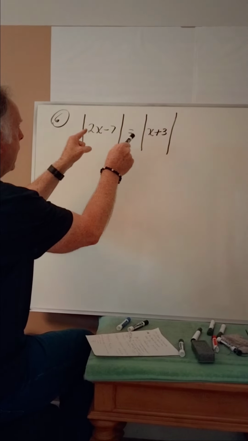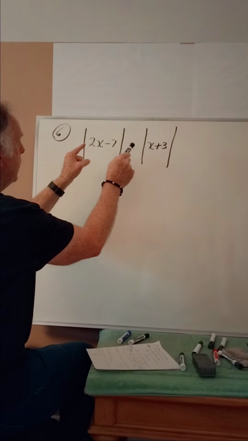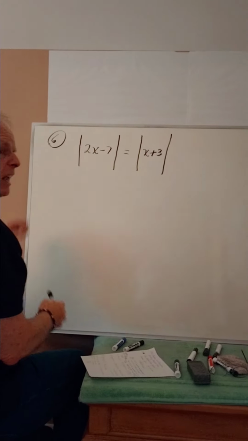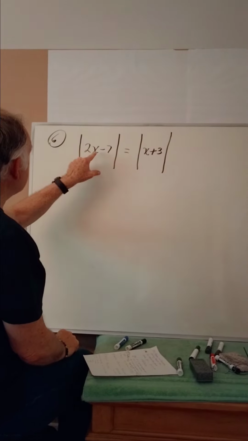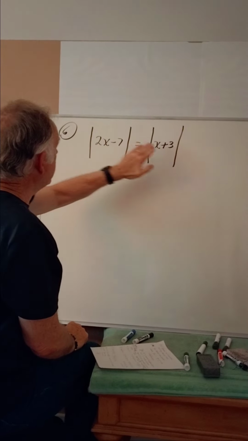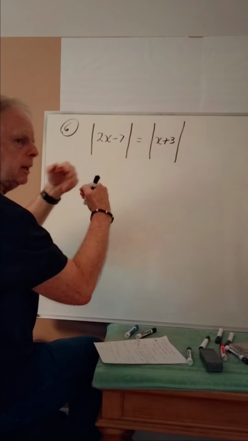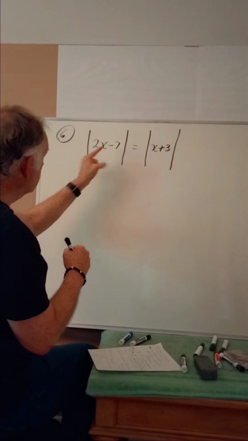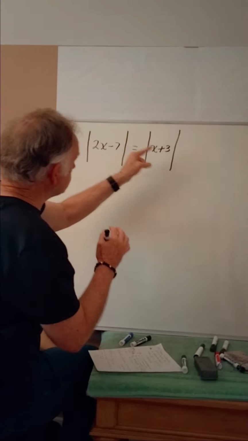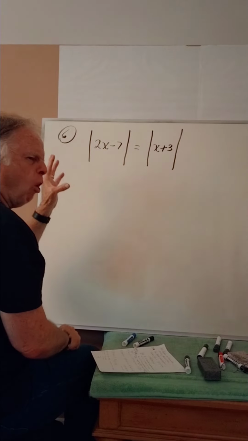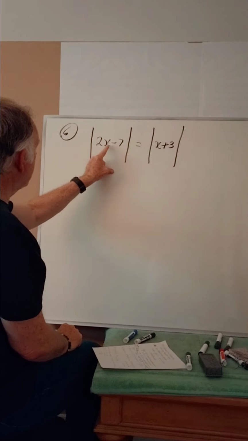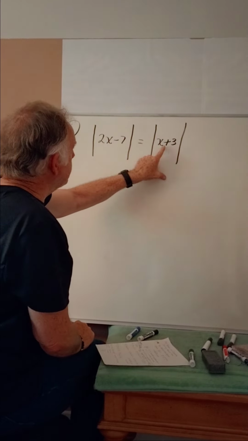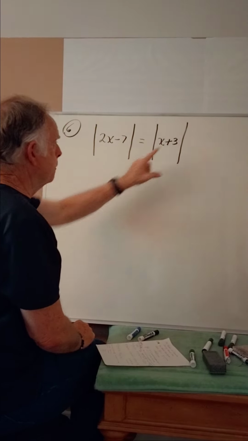These two absolute value expressions are only equal to each other if these two algebraic expressions are equal to each other. In other words, this u is equal to that u, or if one of the algebraic expressions is equal to the opposite of the other algebraic expression.